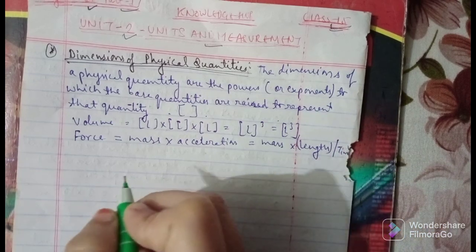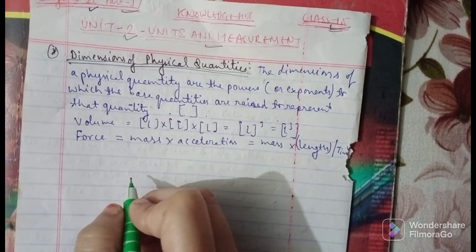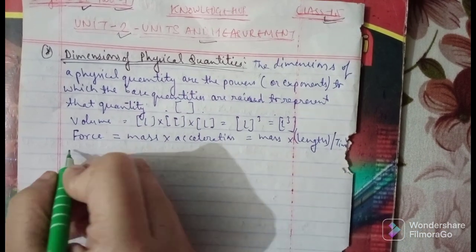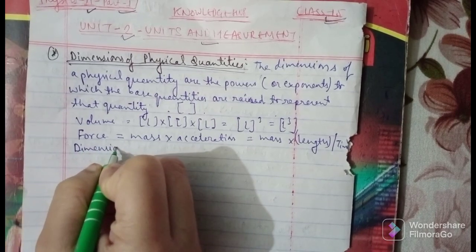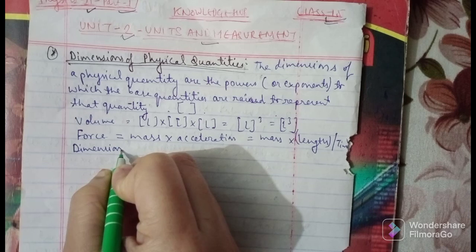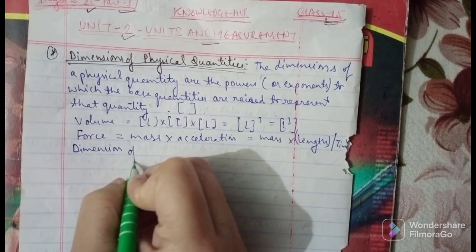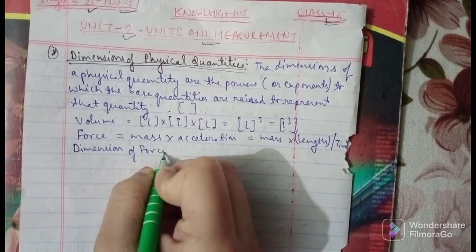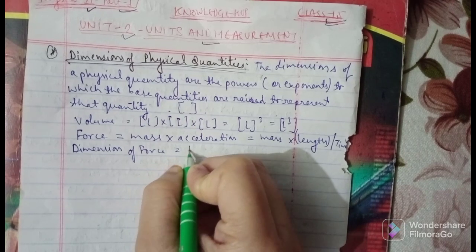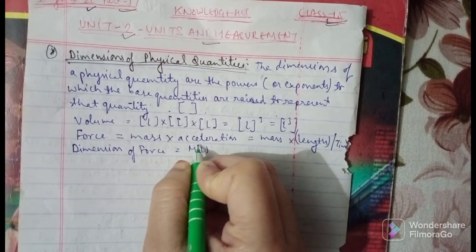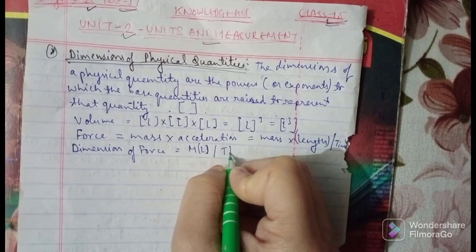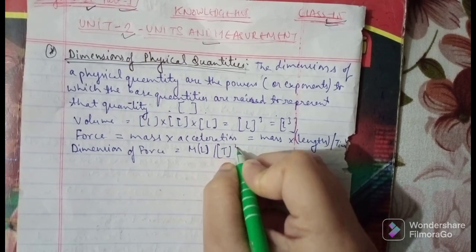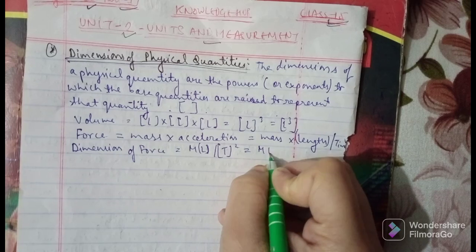So the dimensions of force equal M L T to the power minus 2, that is M L upon T squared.